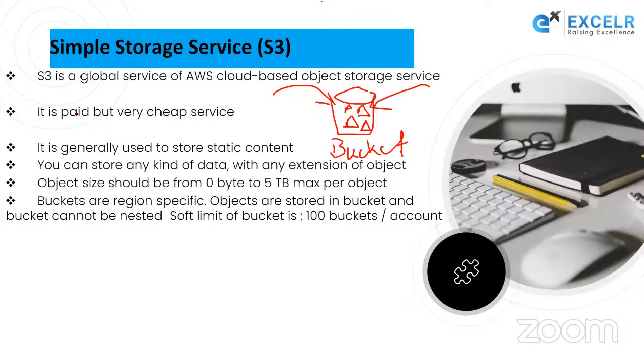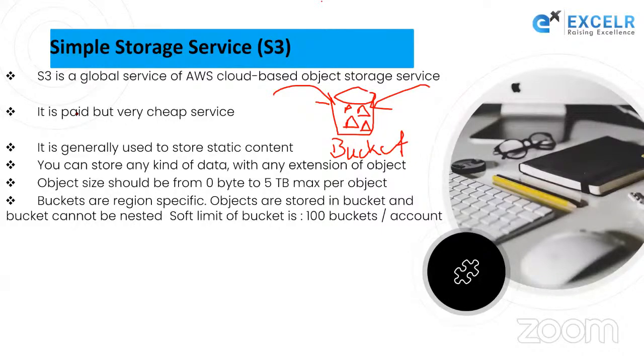A single file in an S3 bucket can be a minimum of 0 bytes to a maximum of 5 terabytes. If I have a single file bigger than 5 terabytes, then it's not possible. You have to break it into smaller files.